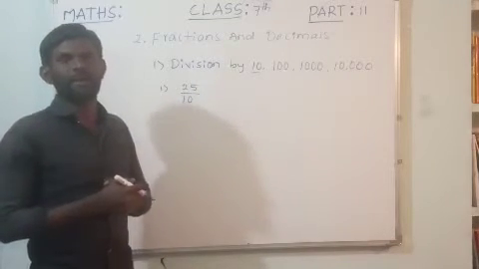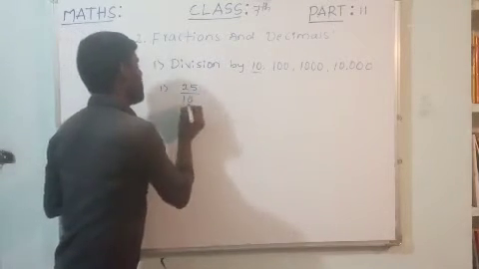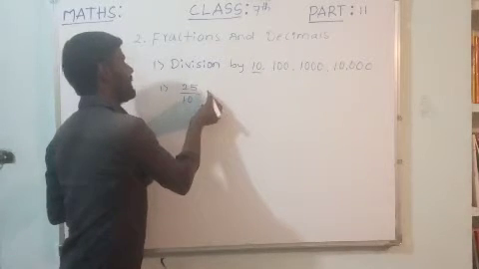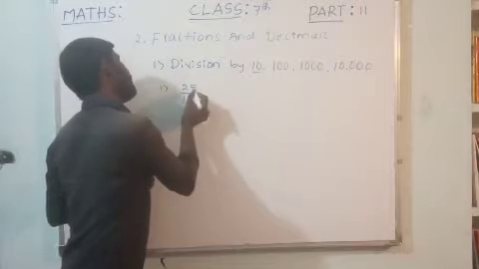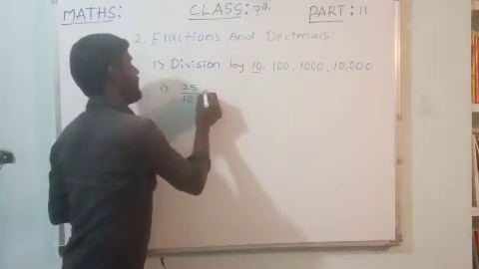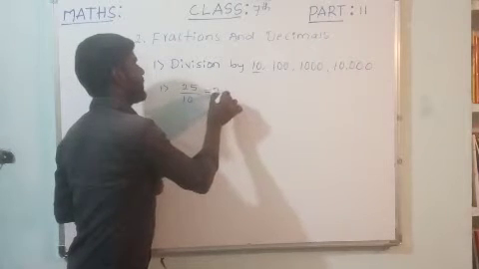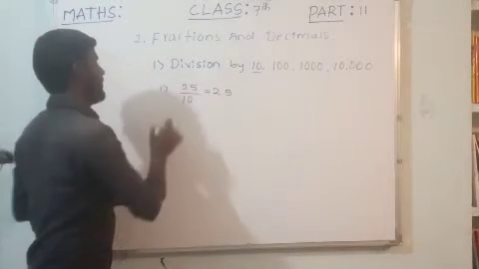What is the answer? Here in the denominator only 10 is there. In the numerator, from the left side, after one digit, that will become the decimal point, that will become 2.5.